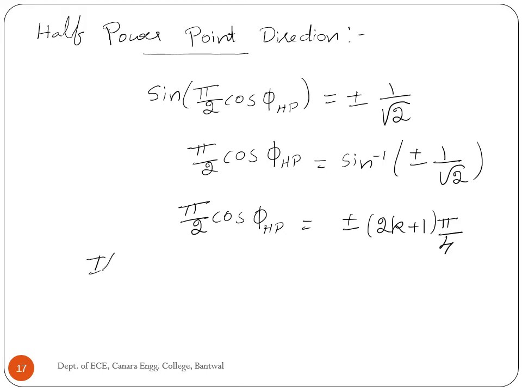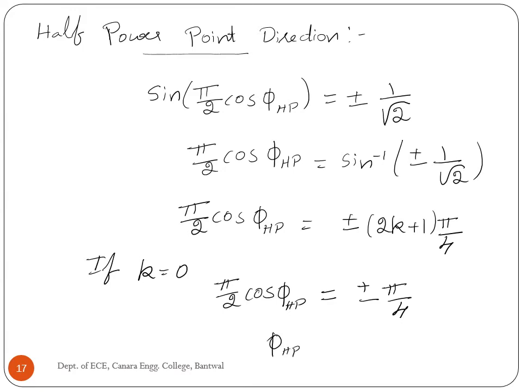If k equal to 0, pi by 2 cos phi is equal to plus or minus pi by 4.